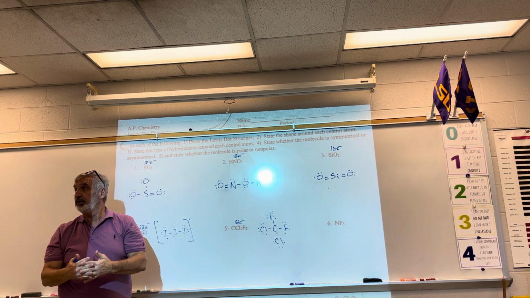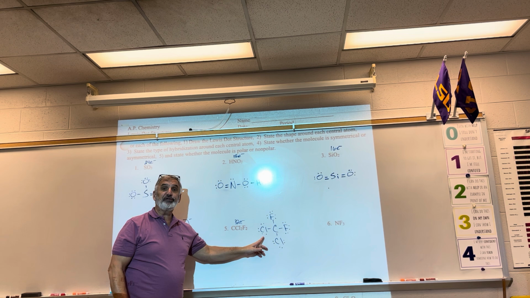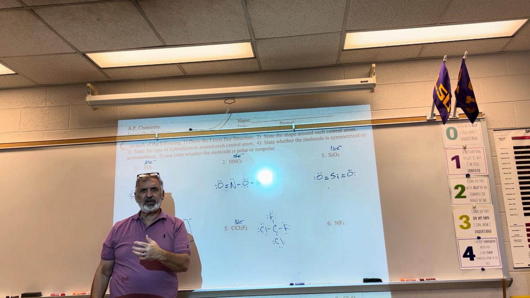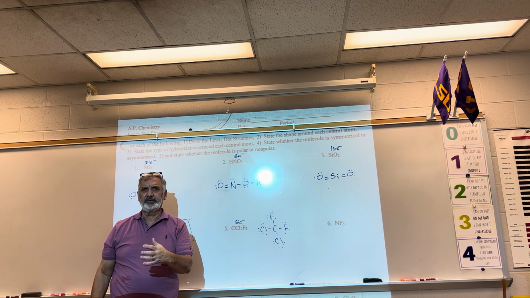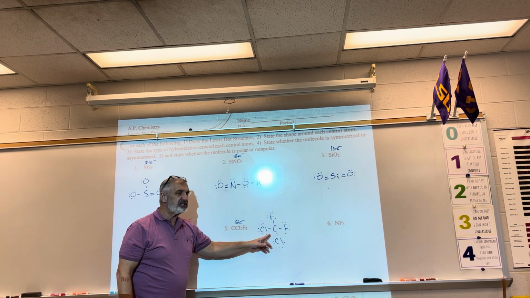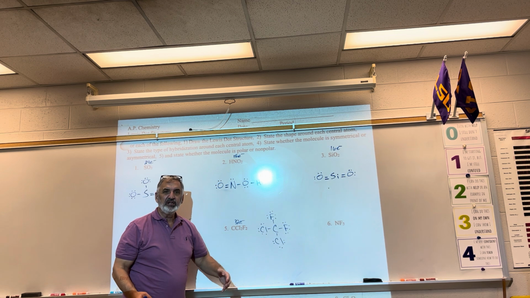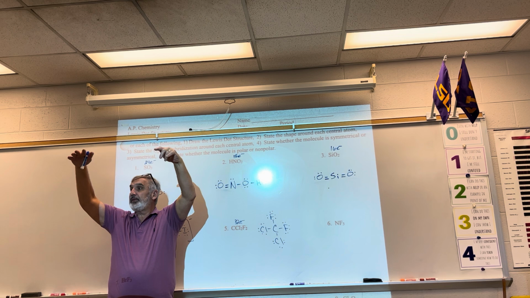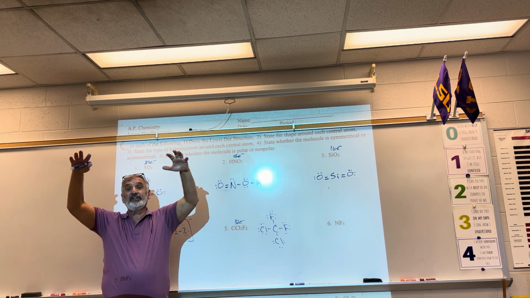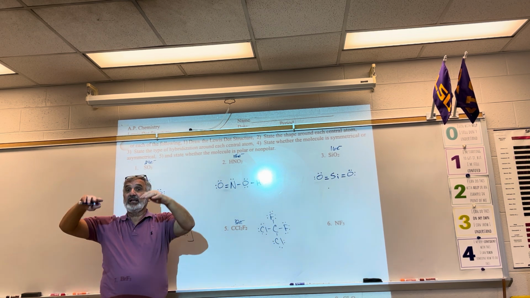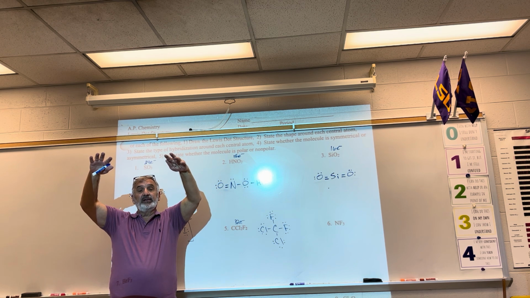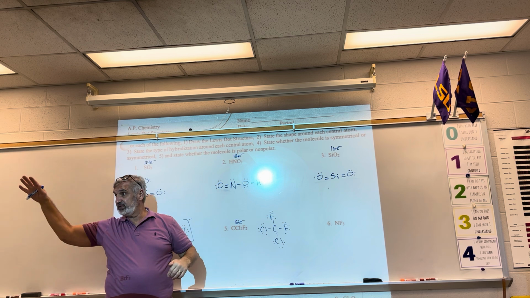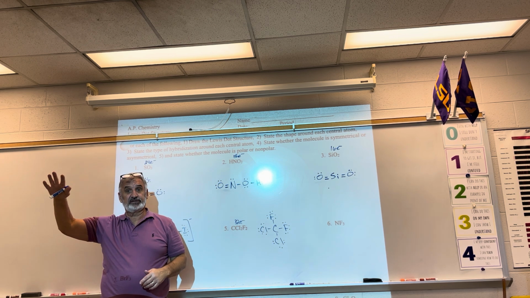Well, it turns out that these chlorofluorocarbons, has any of y'all ever heard of the hole in the ozone layer over Antarctica? Well, these chlorofluorocarbons are very stable, so they can exist in the atmosphere for a long time, and they eventually work their way up into the upper atmosphere. When they get high enough up, the UV rays are strong enough to start breaking the bonds, and the chlorines start coming off.